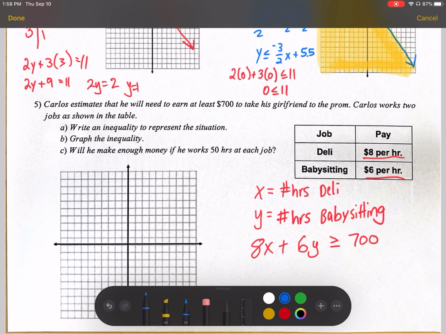So let's say for x-intercept, our y is going to be 0, so we're going to have 8x plus 6 times 0 greater than or equal to 700. So 8x greater than or equal to 700, divide both sides by 8.